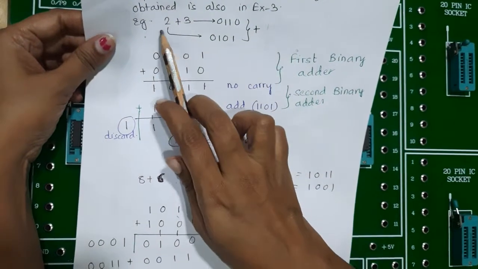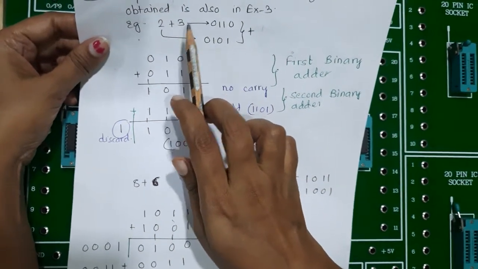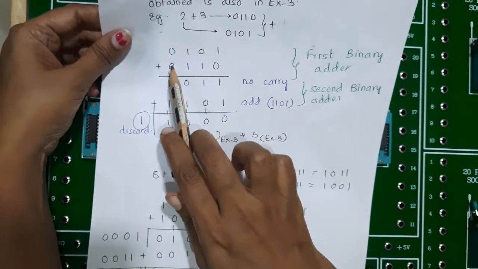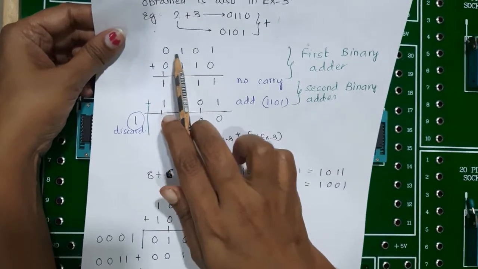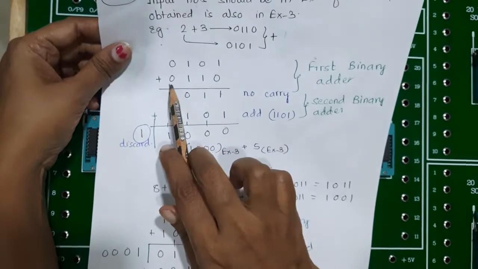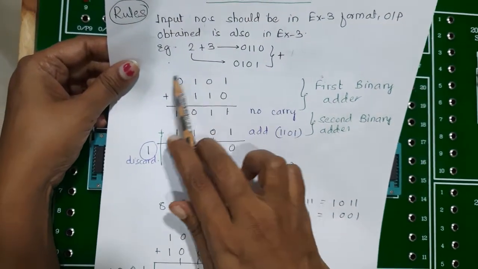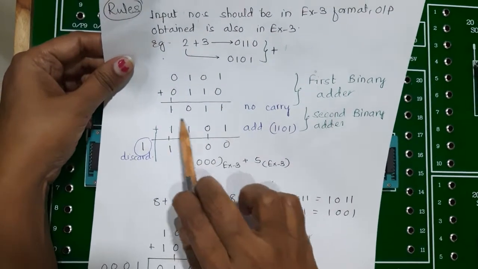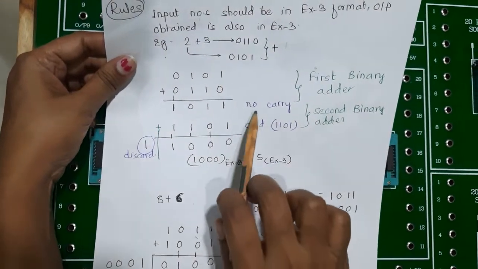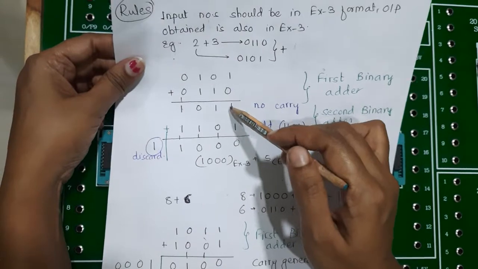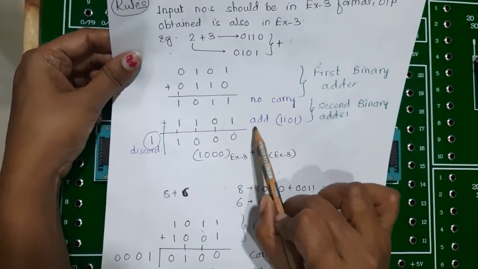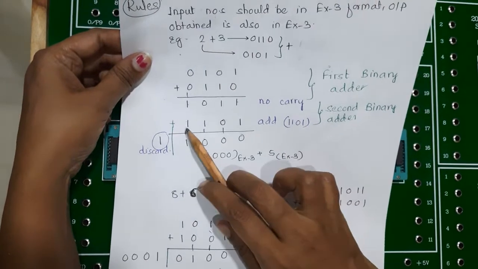Suppose 2 plus 3 is provided as an input to the circuit. That is to be provided in XS3 form, where 2 is represented as 0101 and 3 is represented as 0110. For performing addition, the first binary adder is required. After performing addition, you can see carry is not generated, that is 1 plus 0 is 1, likewise. So carry is not generated here, and we are supposed to add 1101, which is done here.